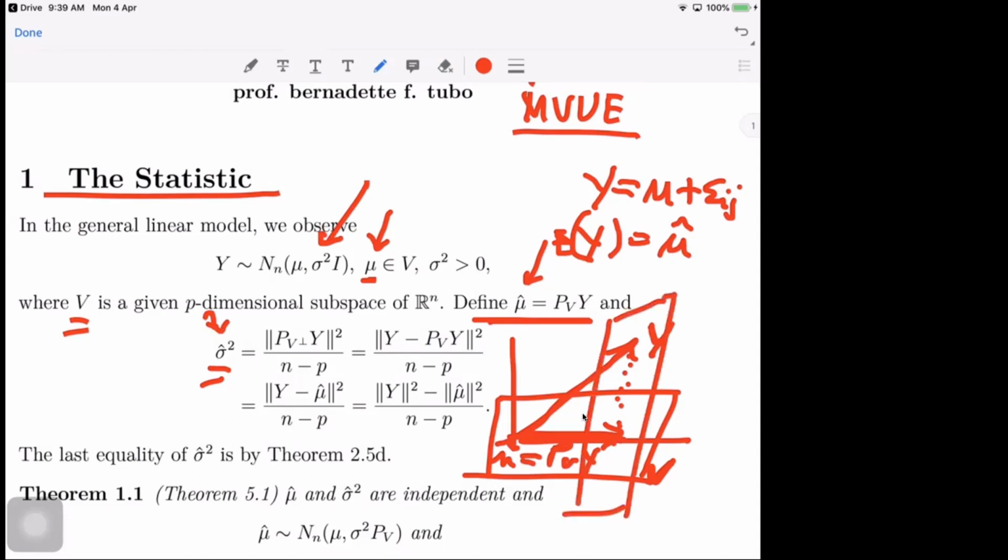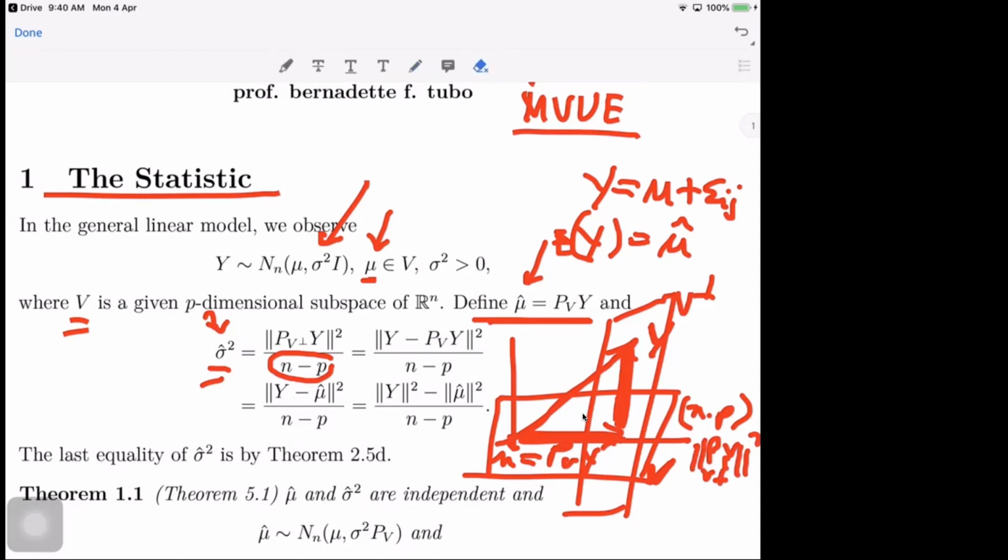So it is here, this vector here, and then divide it by n minus p. This vector here is in V perp. Sigma hat square will be the square norm of the projection of y onto V perp divided by n minus p.